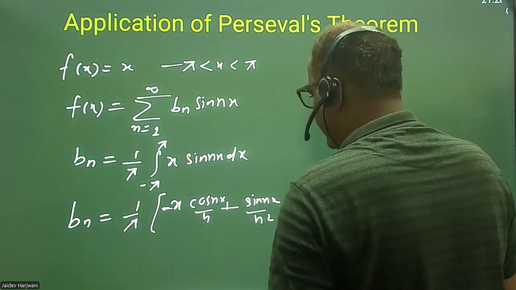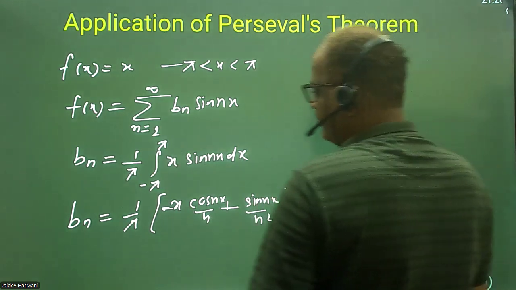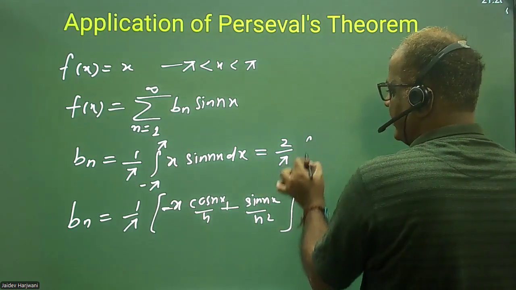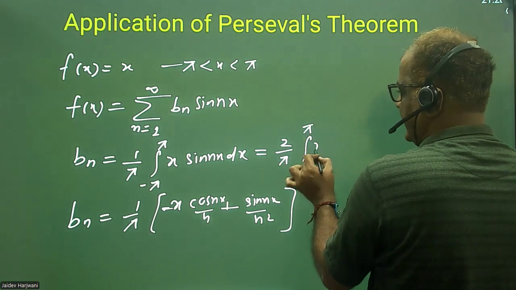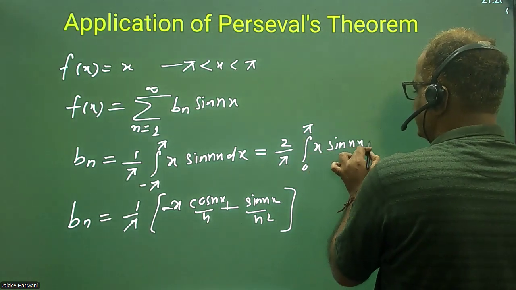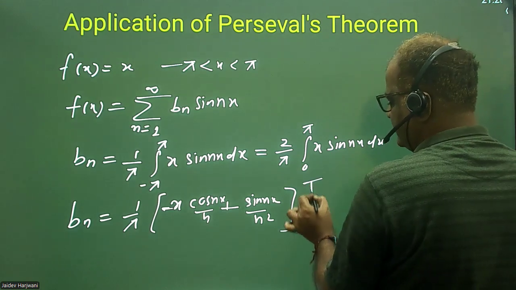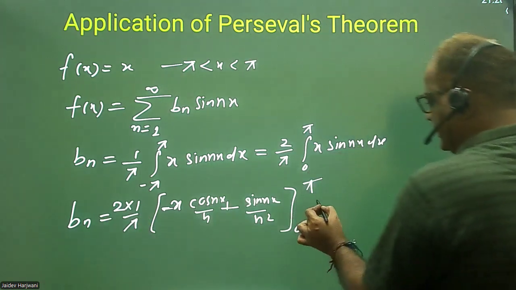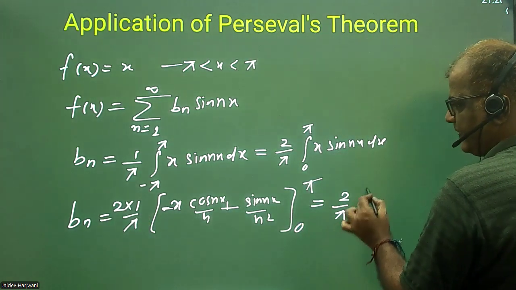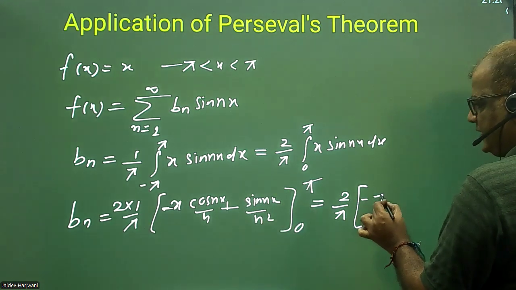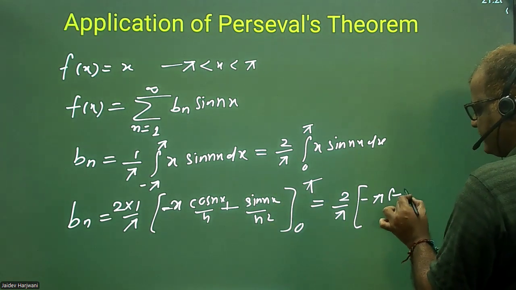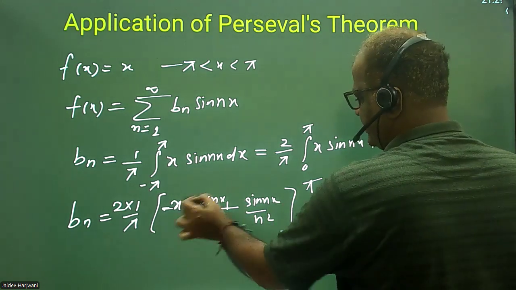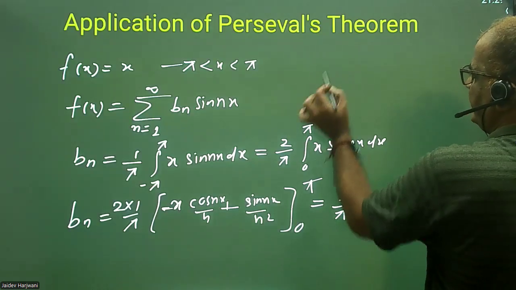And then you can put in the limits, because this is an even function, so you can write this as 2 by pi, integral from 0 to pi, of x sin(nx) dx. So I put the limits 0 to pi and multiply by 2. This gives me 2 by pi, and then you have pi, cos(n pi) is minus 1 power n, then sin(n pi) is 0, and putting 0 here everything is 0. So you have bn.